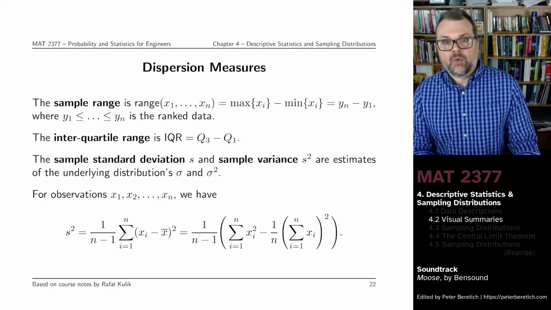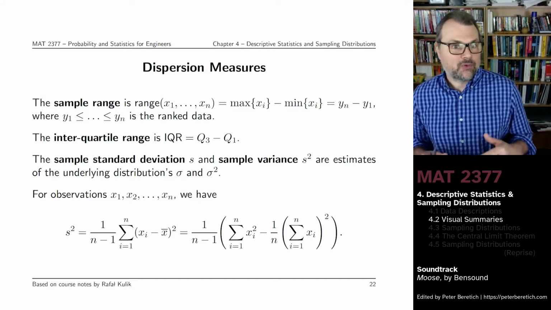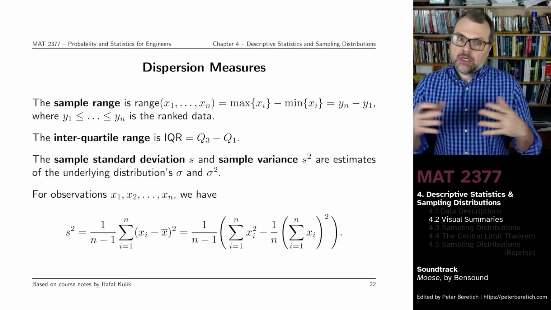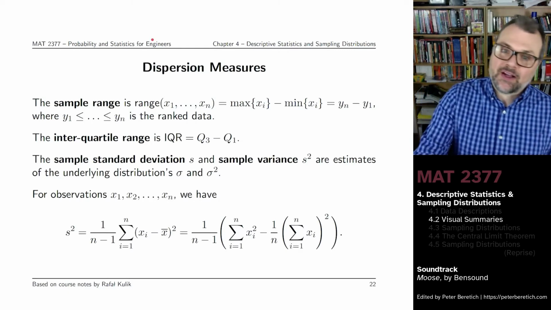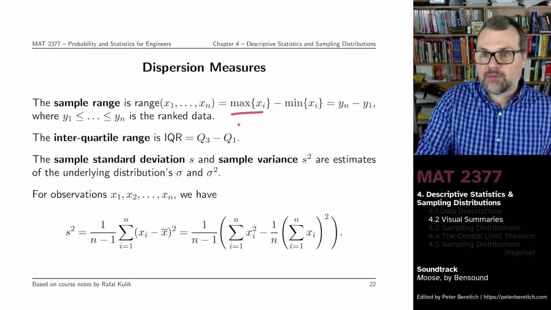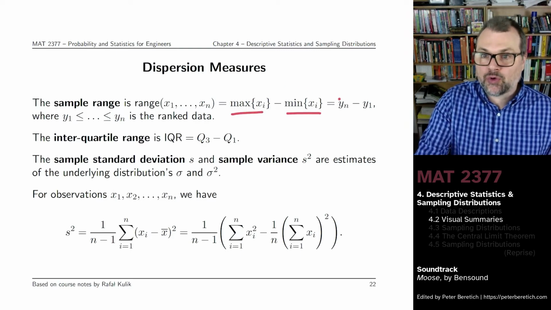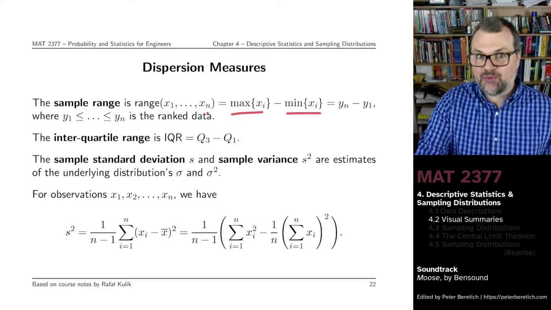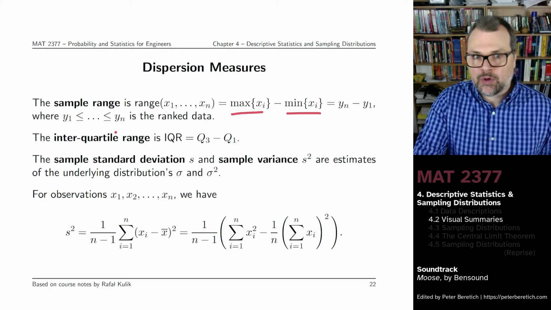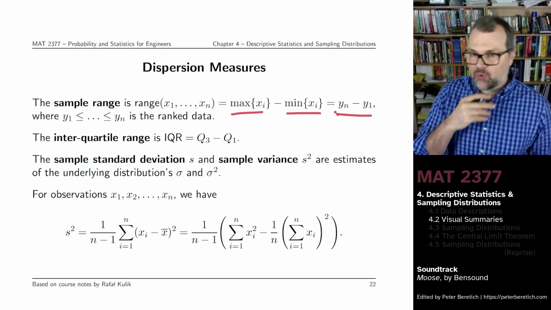There's many ways to measure dispersion. The first one is the idea of the sample range. The range of a sample is simply to take the largest value that you have observed, the maximum, and you subtract from that the minimum value. Now, if you've ordered your observations, so x1 all the way up to xn have been relabeled, reordered y1 all the way up to yn, then it's simply yn minus y1.